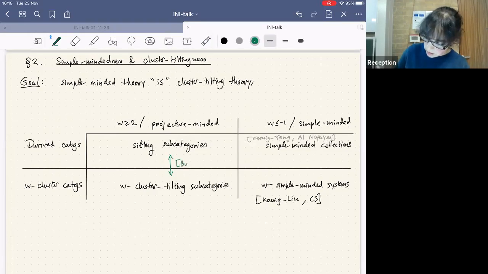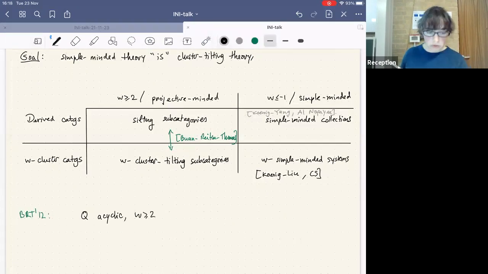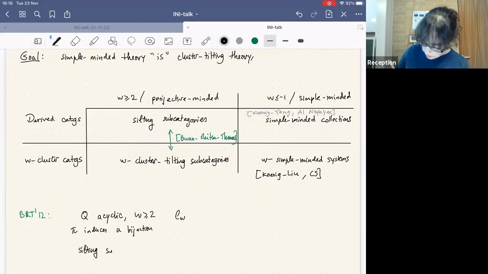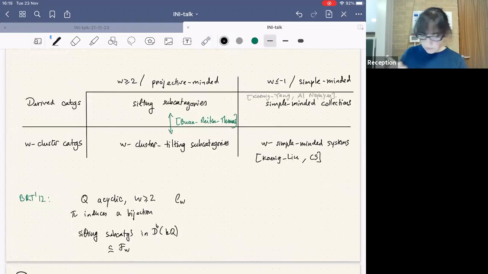This is work by Wright and Thomas. So I'll mention actually here, back in 2012, what they say is, let's take Q as cyclic, W bigger or equal than 2, we take this orbit category CW, and then this projection functor induces a bijection between silting subcategories in the derived category, contained in this fundamental domain FW.